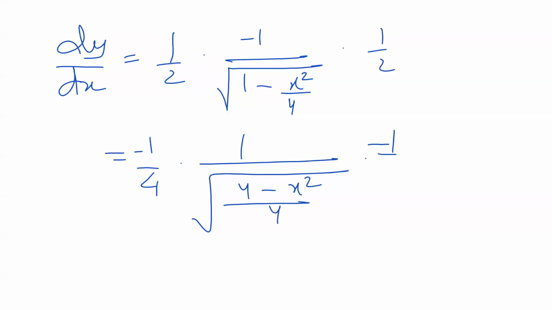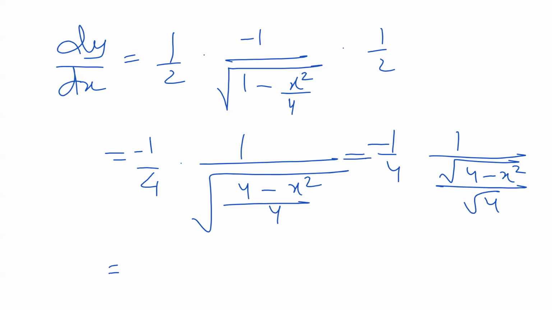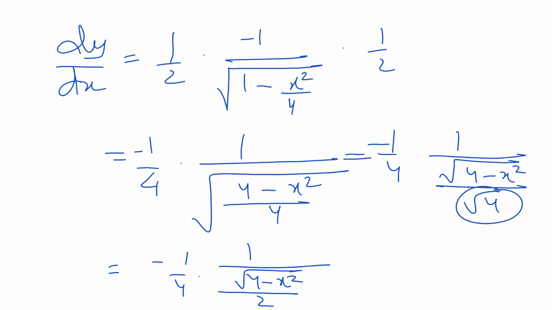That is minus 1 by 4 into 1 upon root of 4 minus x square upon root of 4. Roots can be split in division. So 1 by 4 into 1 upon root of 4 minus x square upon 2. Root of 4 is nothing but 2 over here, right? So this 4 and this 2 will get cancelled. So this is your final answer, 1 upon 2 root 4 minus x square.